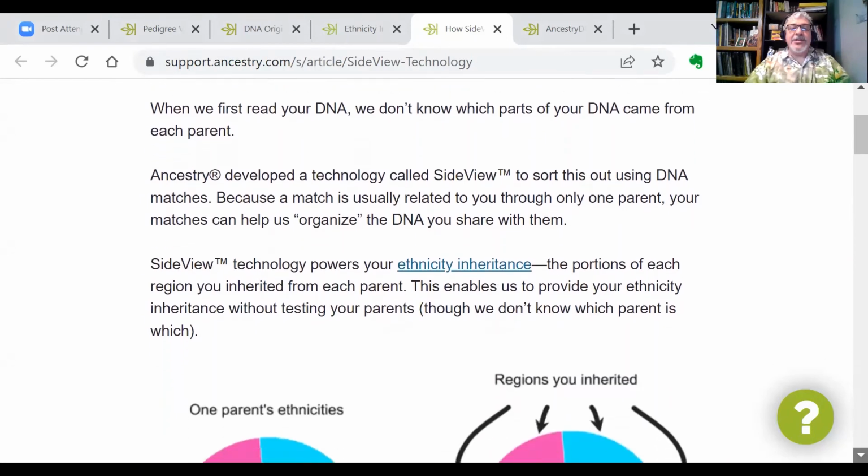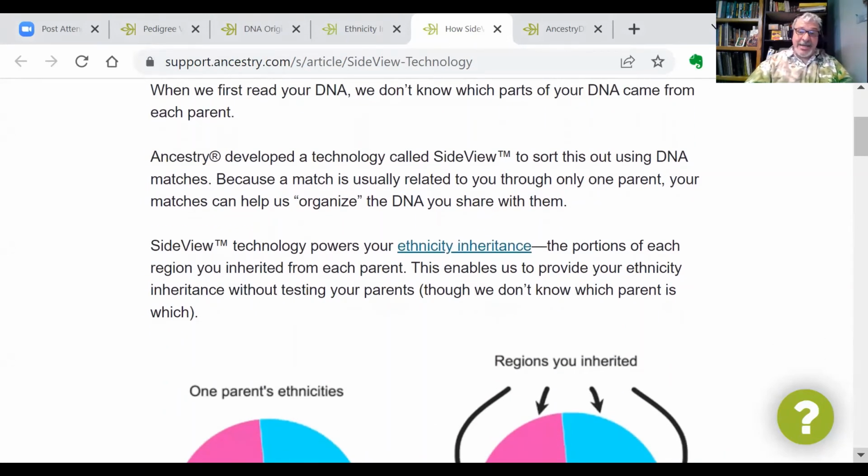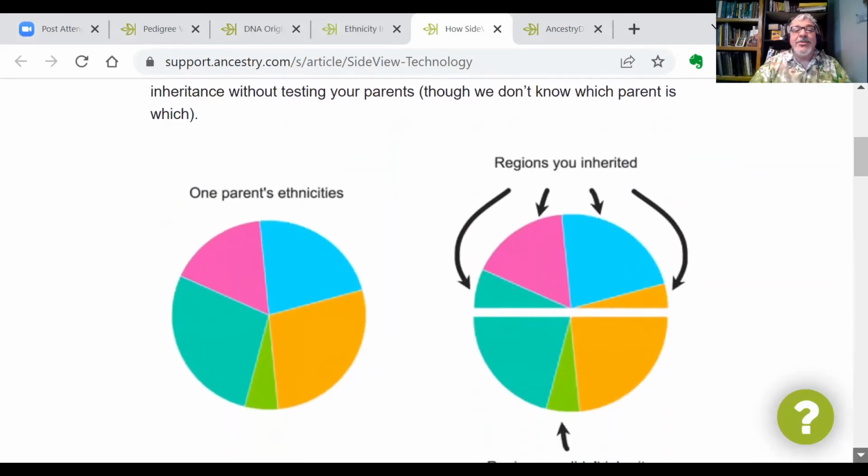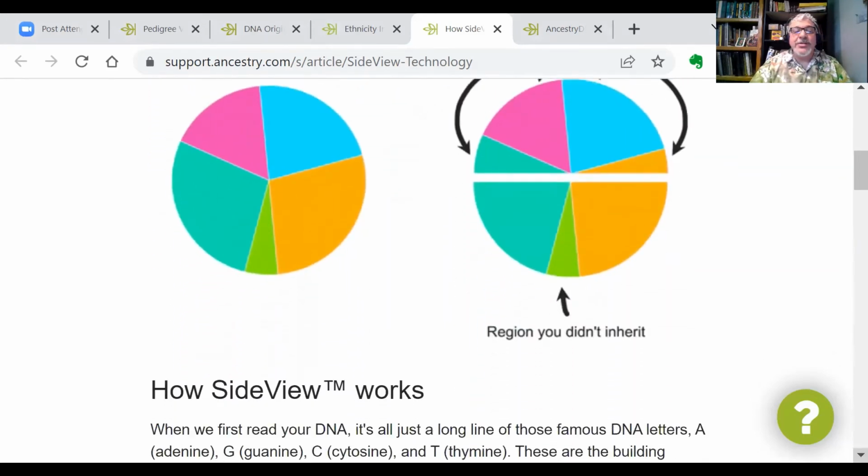SideView technology powers your ethnicity inheritance, the portion of each region you inherited from each parent. This enables us to provide your ethnicity inheritance without testing your parents, though we don't know which parent is which. So this is the problem. They don't know which parent is which.